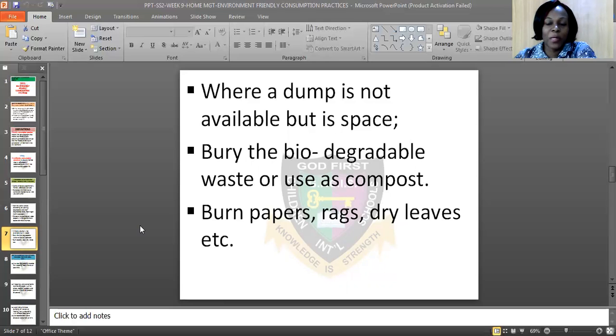Iron, put them at one side. Bottle, you put them at one side. All these things, one way or the other, can be recycled and used for another product. Are you with me? Okay. So as from today, I want you at the end of this class to know how you will be disposing of your waste products.